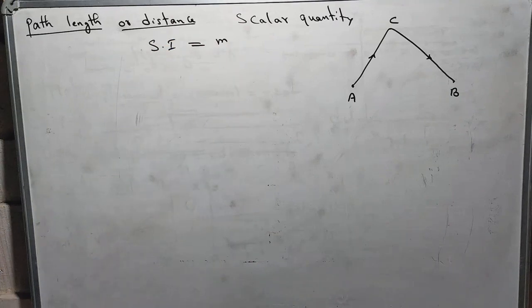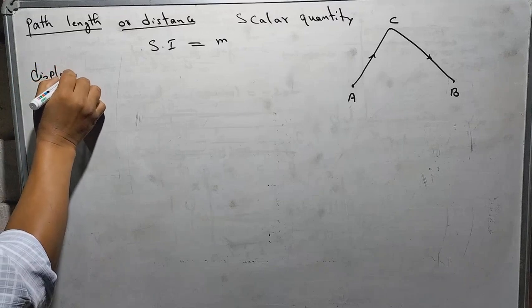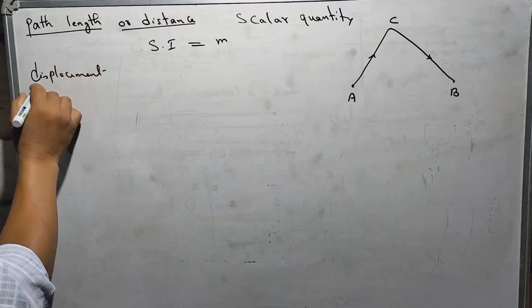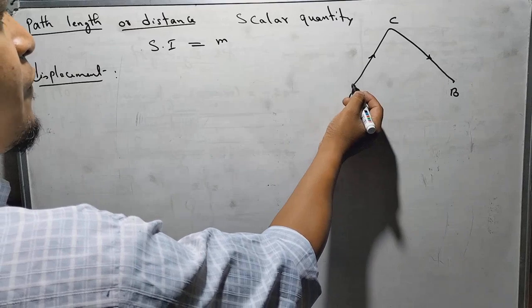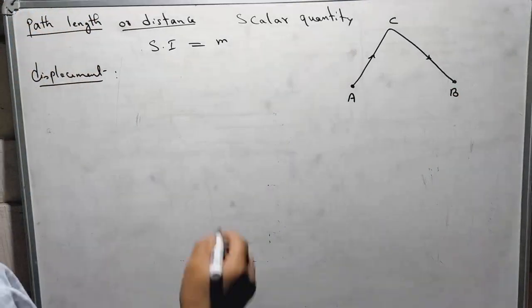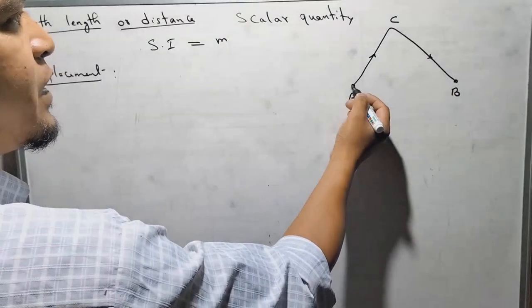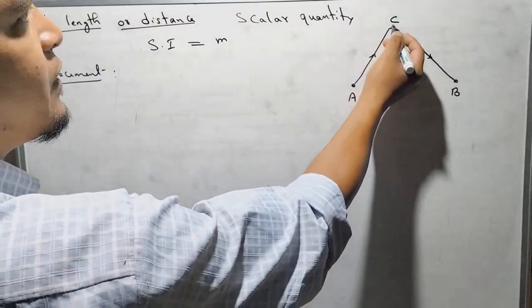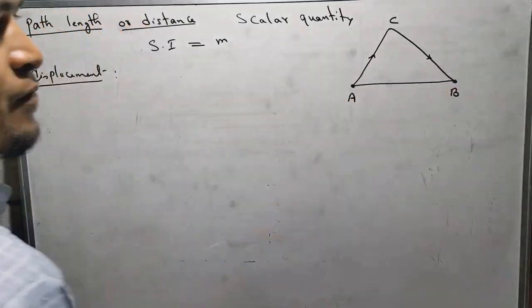Next, displacement. Displacement is defined as the change in the positions of an object. So if this is the initial point and this is the final point, if the body moves from A to B, let's say he can move along either ACB or he can move straight.